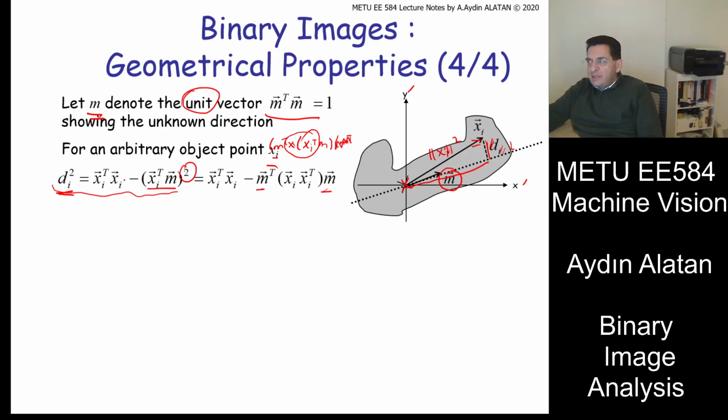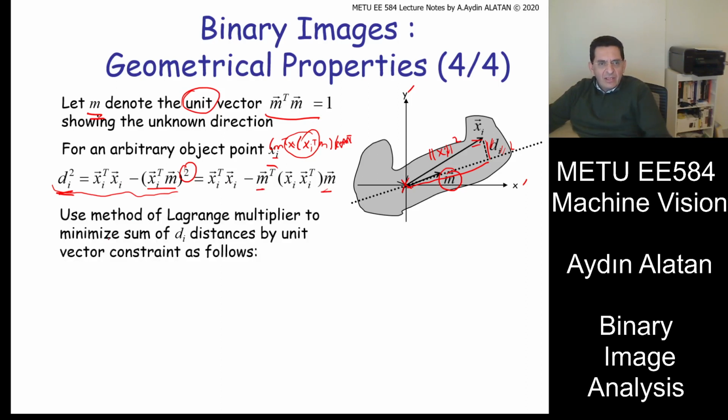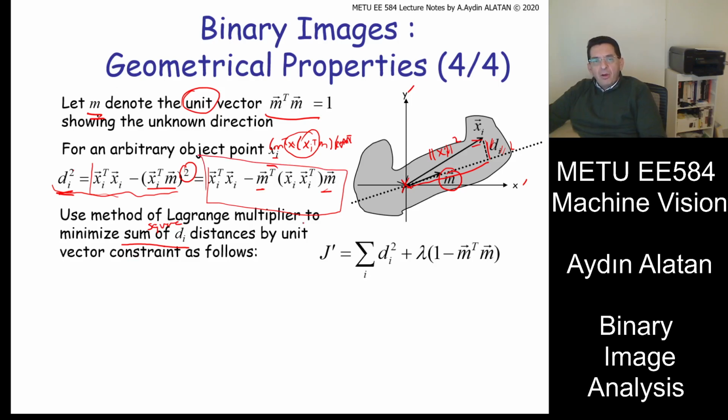This is only for a single i. If I obtain the summation of the squares of the d_i distances, I will focus on only this part, and if you sum them, you obtain this part.